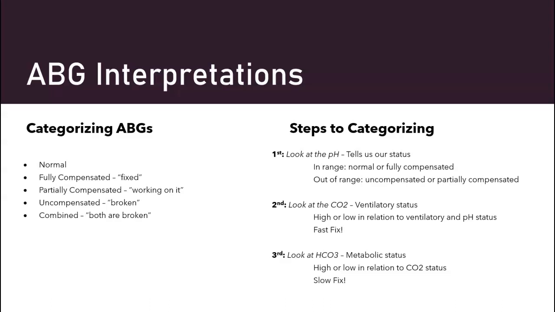And a combined is both are broken. So basically, CO2 is off and the bicarb is off, and this can often happen in diabetic ketoacidosis, where the bicarb is in the toilet, and so the bicarb can be something ridiculously low, like 6, because the blood sugar is insanely high.